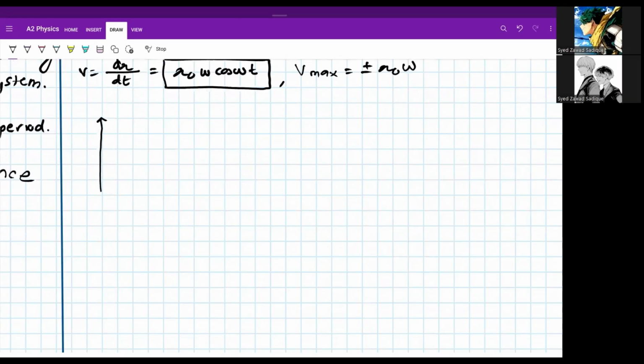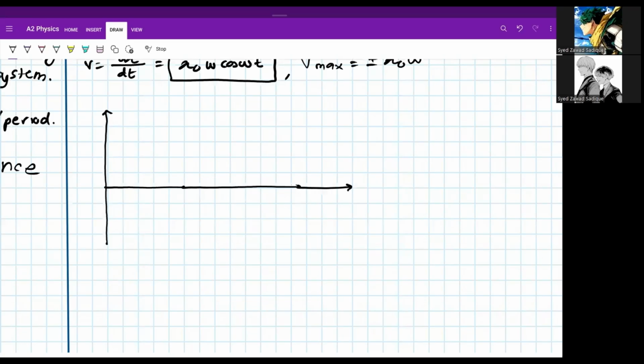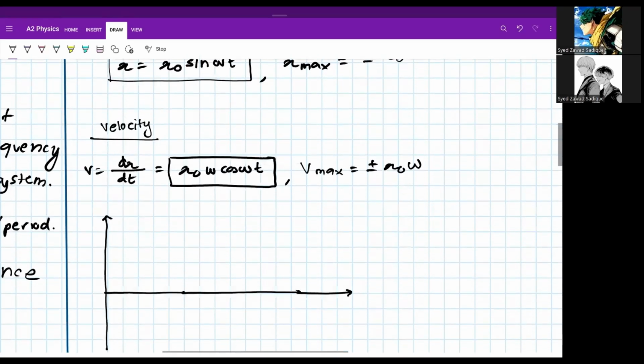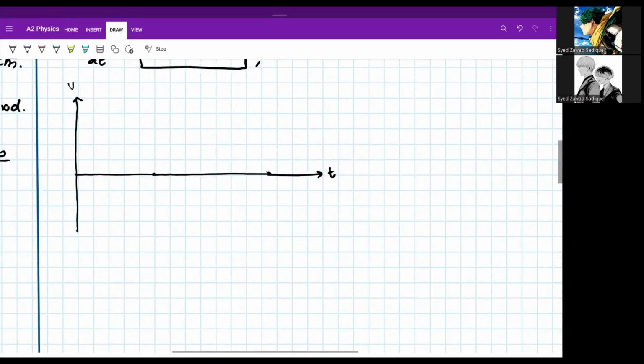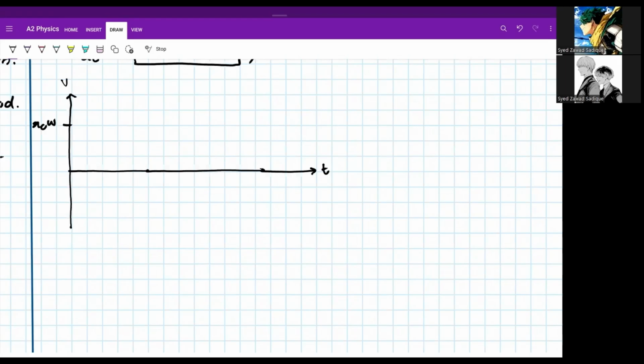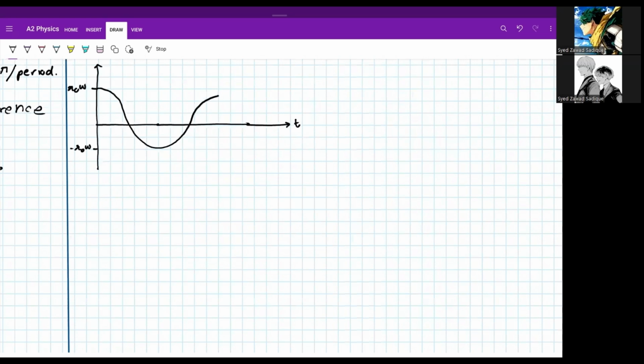Graphical representation: that was the displacement time graph. This is the velocity time graph, where this is x naught omega and this is minus x naught omega. So the general graph looks something like this. All right. Next is acceleration.